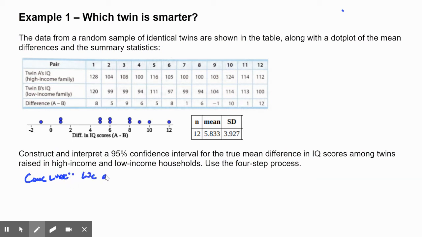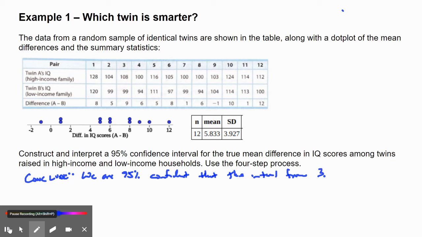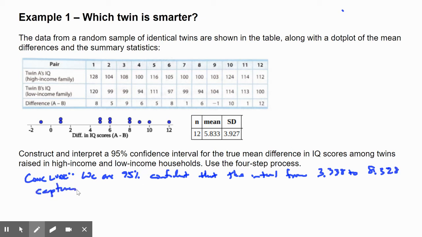So first part, we are 95% confident that the interval from 3.338 to 8.328 captures the true mean difference.